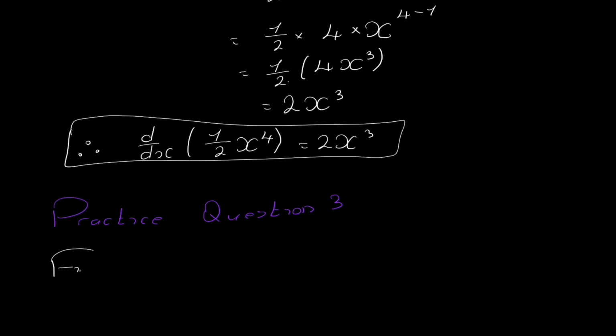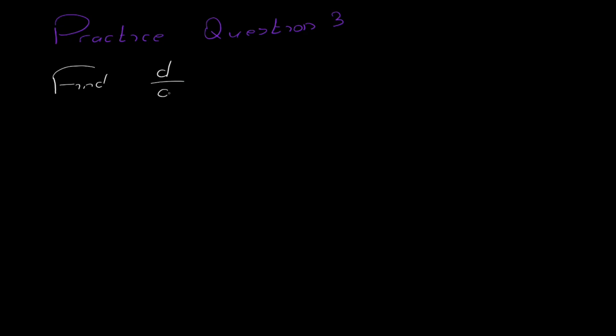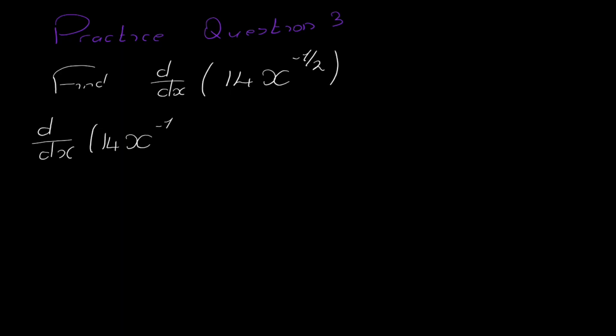Find d on the x of, let's say, 14x to the negative half. D on the x of 14x to the negative half, the same thing as we keep our 14 outside and we differentiate with respect to x our function x to the negative half.